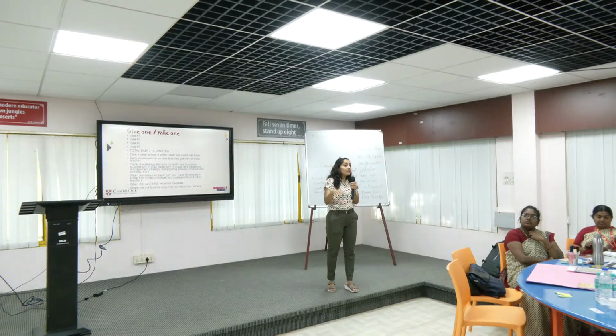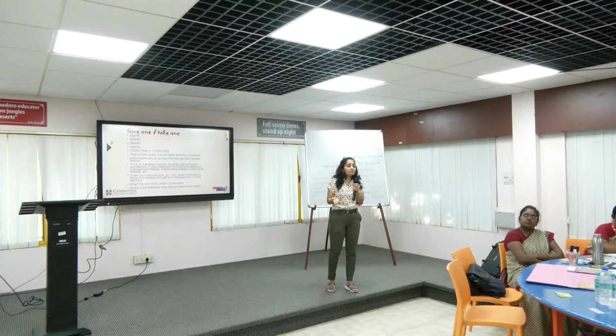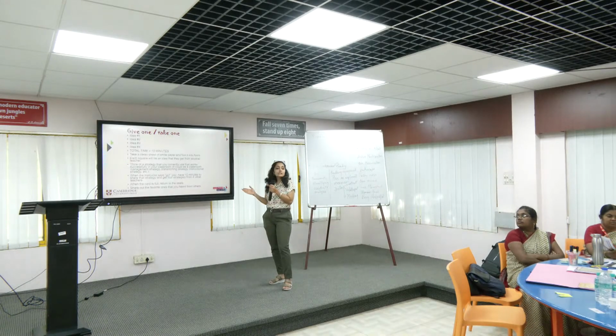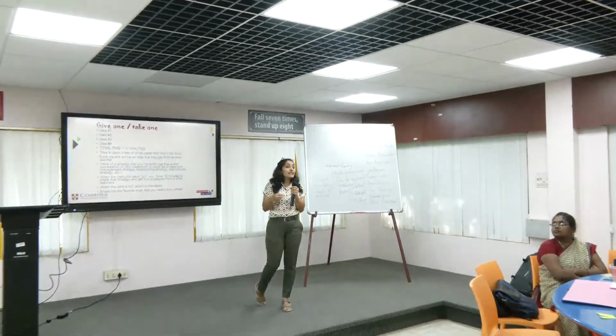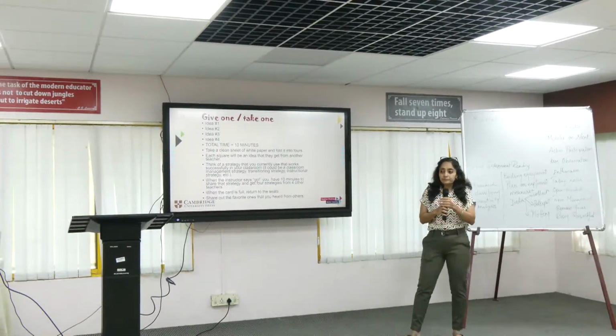That is how they learn from each other, and it's a good way of doing a recap of what they've been taught. It's just a simple strategy where they get to learn a lot of things about that concept, which they might have missed or might not remember.